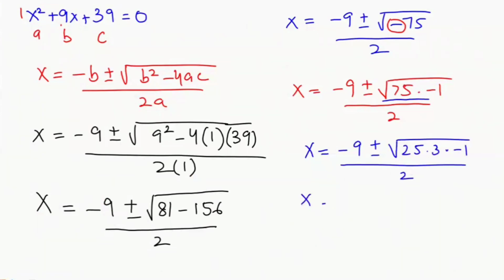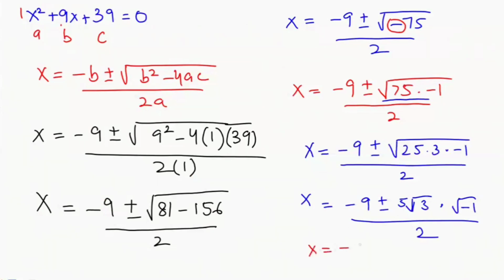Now by using the radical property, I am going to write root of 25 as 5, and root of 3 I am going to write within the root, times root negative 1 over 2. So here this will be equal to x is equal to negative 9 plus minus 5 root 3 iota over 2. So here we get the 6 x values.